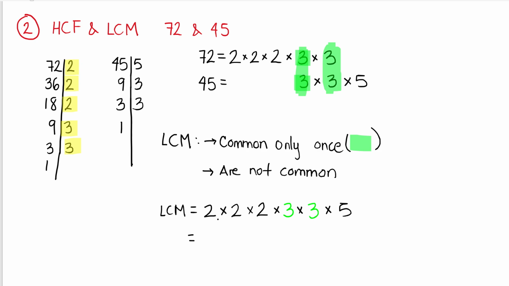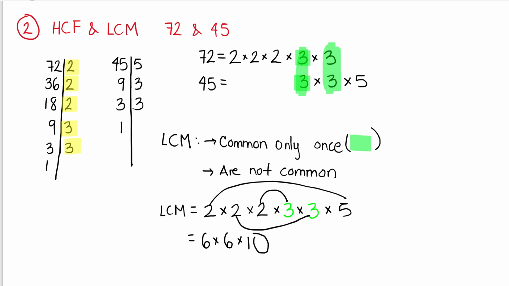Now, because multiplication is commutative, you can rearrange the numbers and multiply in any order that makes your operations easier. So I'm going to say 2 times 3 is equal to 6. 2 times 3 is equal to 6. Agree? So what I have here is 6 times 6, and then 2 times 5 is equal to 10.